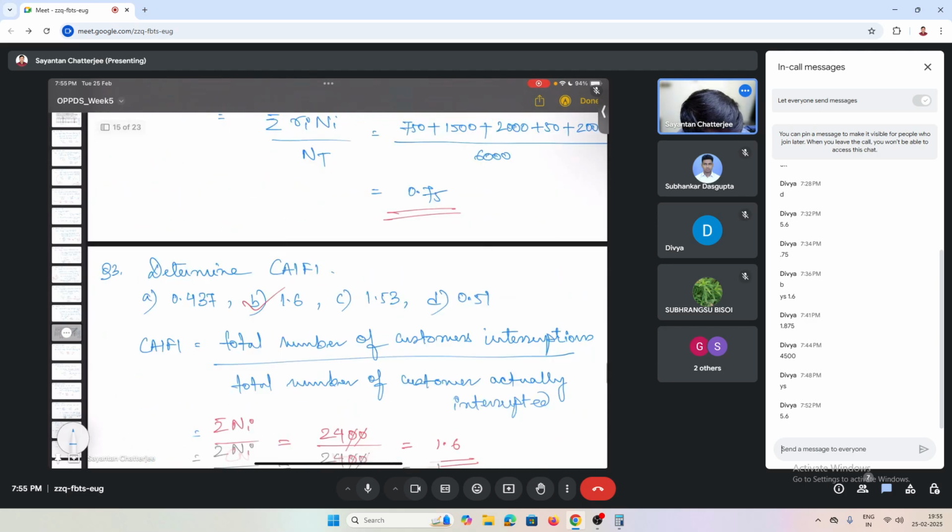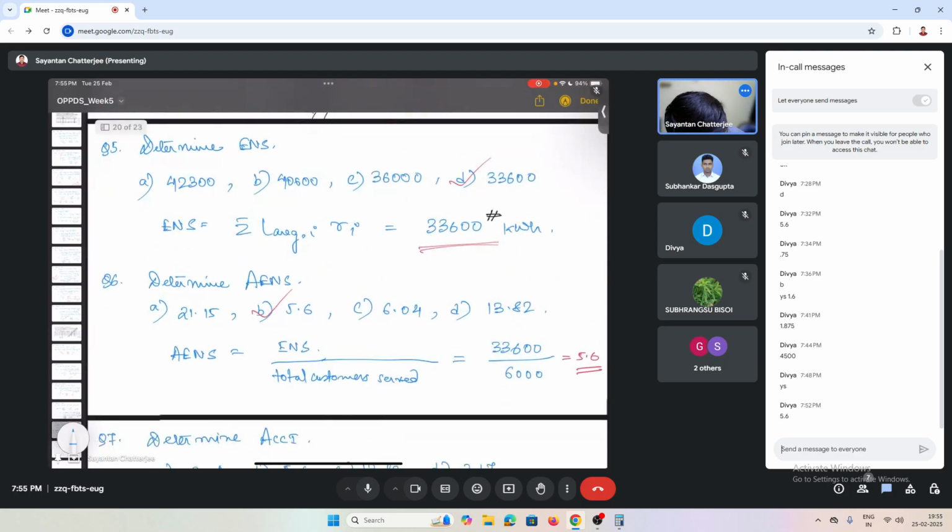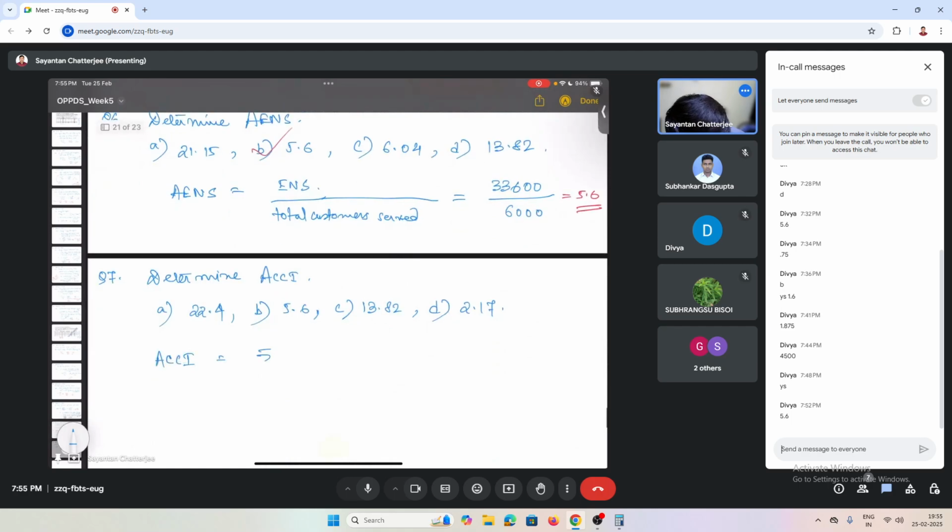So here we have already calculated this value, the summation of L average for the ith instant multiplied by duration. And in the denominator, it will be the total number of customers that were not actually supplied. So CN will be 1500, I guess.